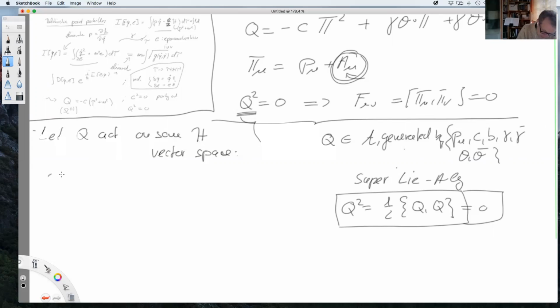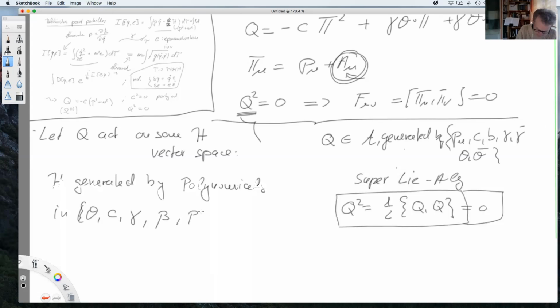Let us assume that H is generated by polynomials in theta, c, gamma, and beta, and p, with coefficients in, say, L2 of R^n, some functions.